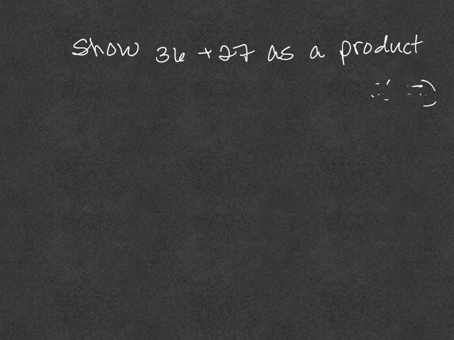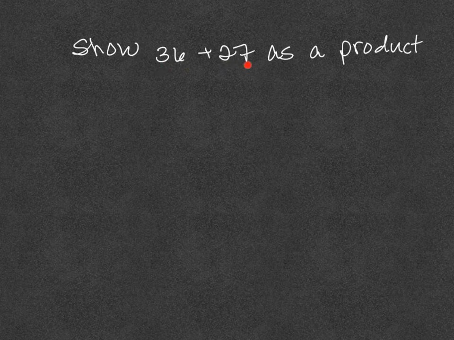So we're going to use the distribute out to figure that out. So first thing I want to do is to find the GCF, the greatest common factor, that goes into 36 and 27. So I can know which is the largest number I can pull out of both of them. I could divide out of both of them.